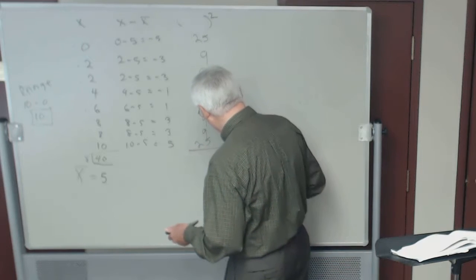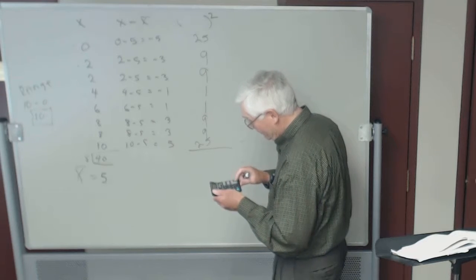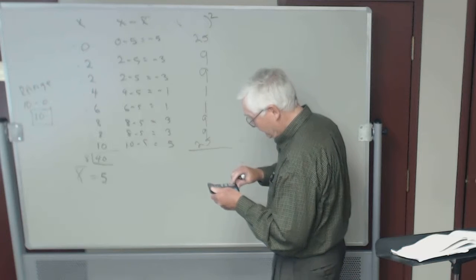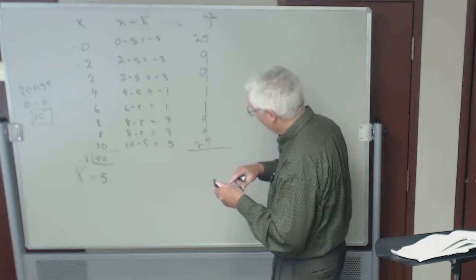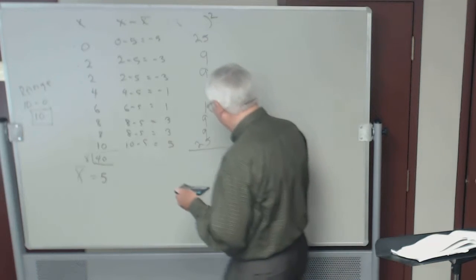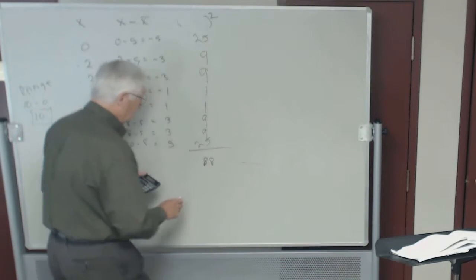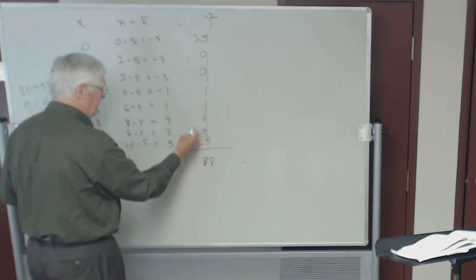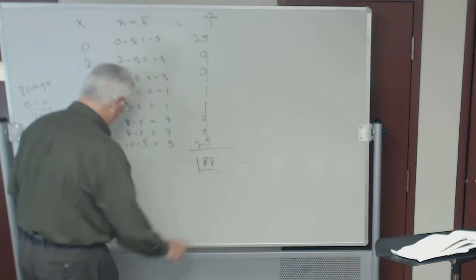What do I do with those numbers? You add them up. 88, is that right? Yep. 25, 50, 60, 70, and 18, 88, and divide by what?